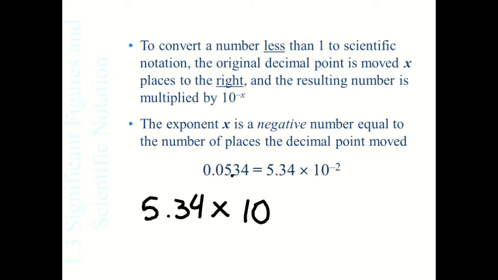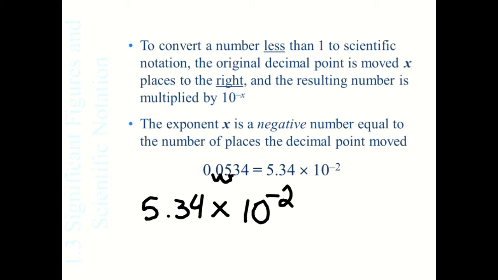But now I move it in the opposite direction. Okay? So I say to the negative 2. It's in the opposite direction. Instead of being in the forward direction, it's in the backwards direction, so I say negative. So 5.34 times 10 to the negative 2 means I moved it backwards 1, 2 places.